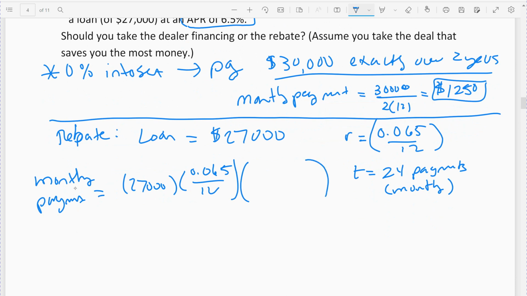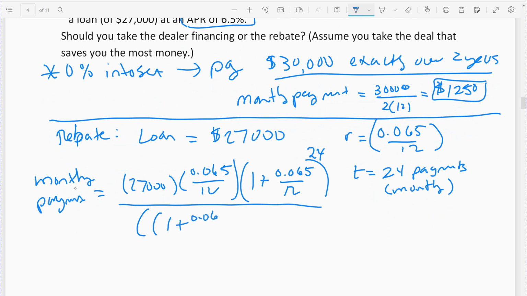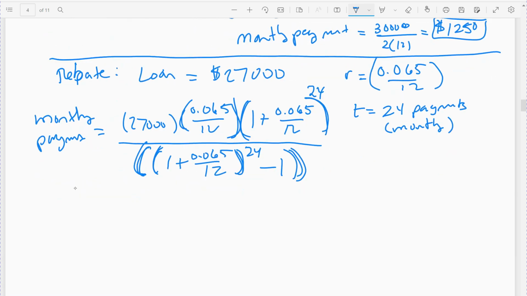Then divide by parentheses, 1 plus the R, leave exact, raised to the 24. You need two sets here because you have the 1 plus the R, divided by 12, raised to the 24, and then you have the minus 1. So you have to have at least those 4 sets of parentheses if you're filling it out on the formula.